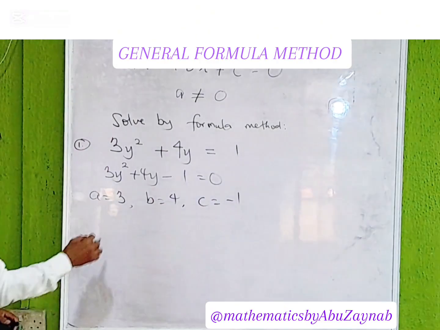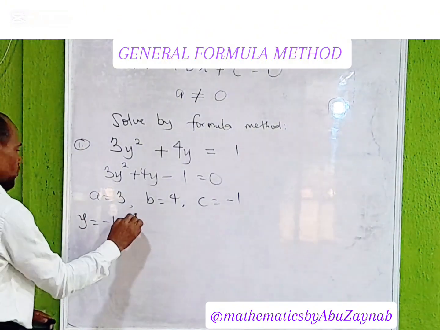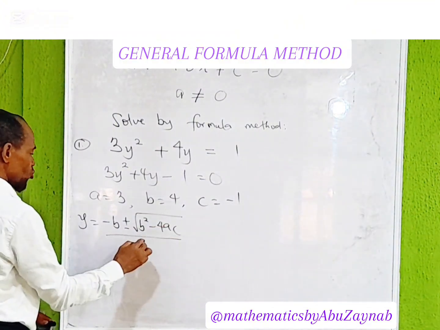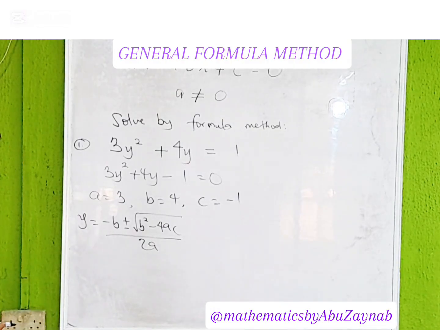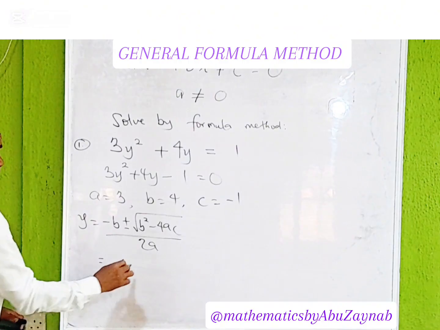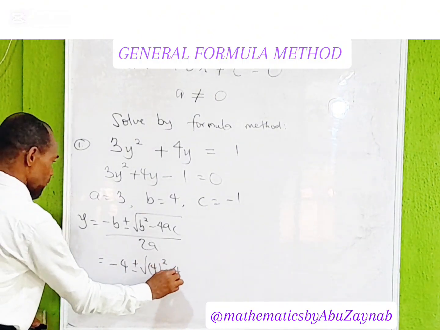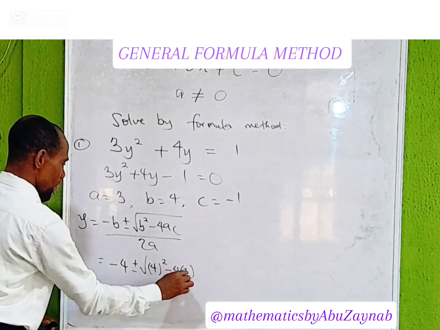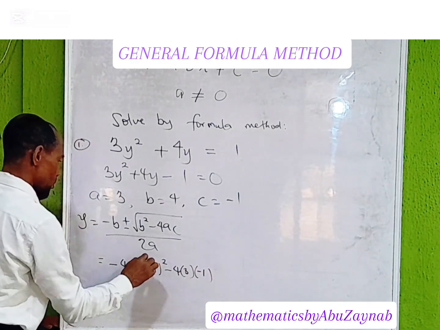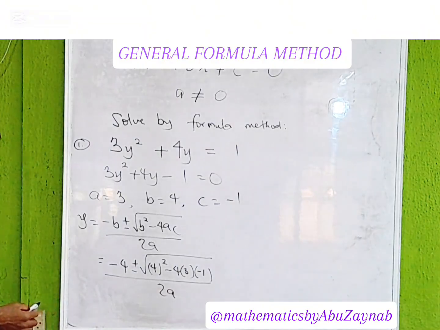Okay, so using the formula y equals minus b plus or minus root of b squared minus 4ac over 2a, we proceed as before. So we have minus b is minus 4, plus or minus root of 4 squared minus 4, a is 3 and c is minus 1, all over 2a.